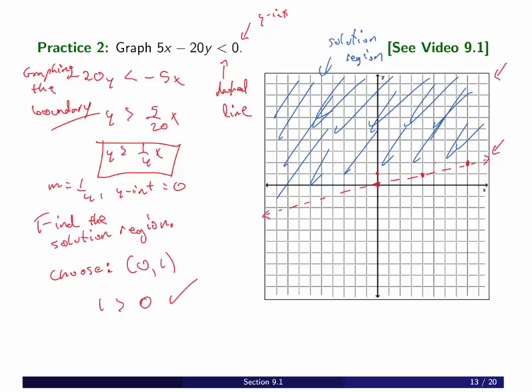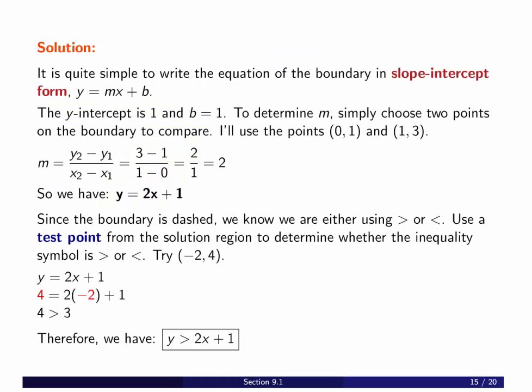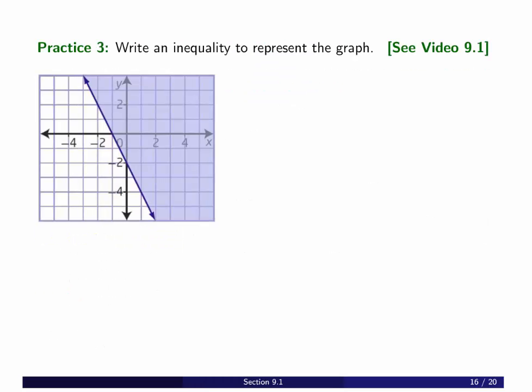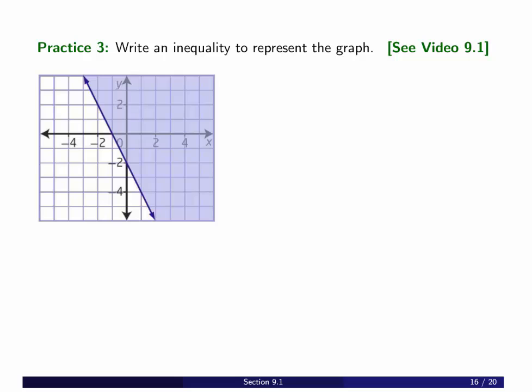The next example is you're going to be given the graph, and you're going to have to give me the inequality. I outlined it quite well in my example, so hopefully it's made sense. If not, let's take a look at it. Since we're dealing with lines, it's pretty easy, because right from the graph you're given the y-intercept.